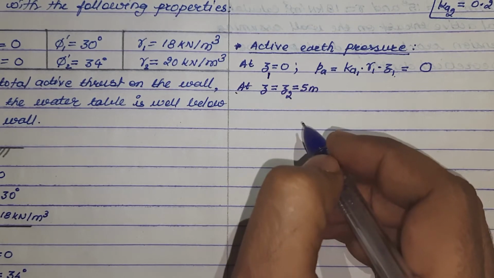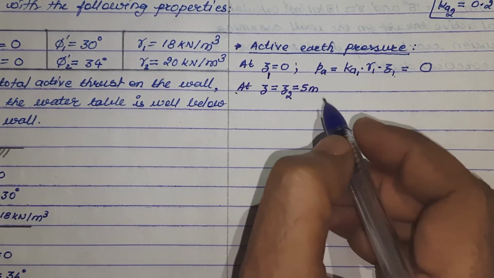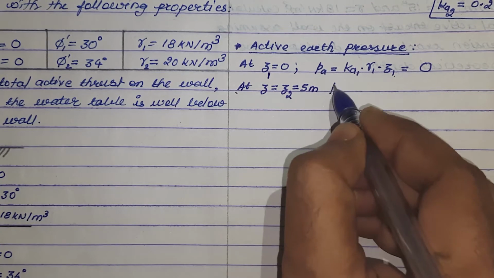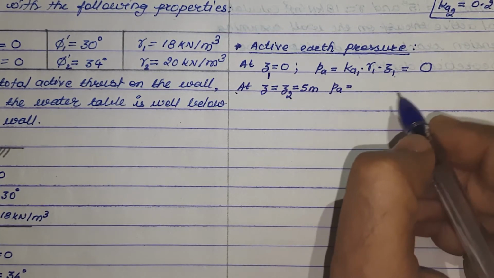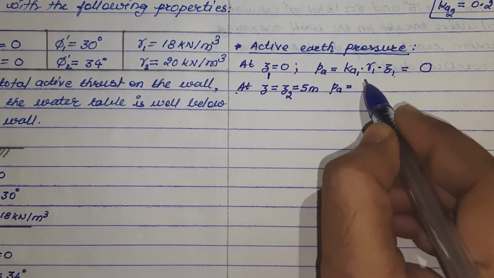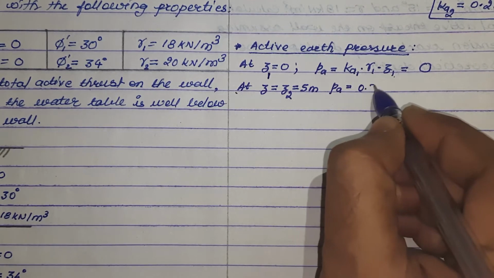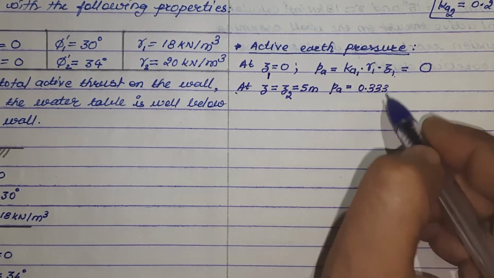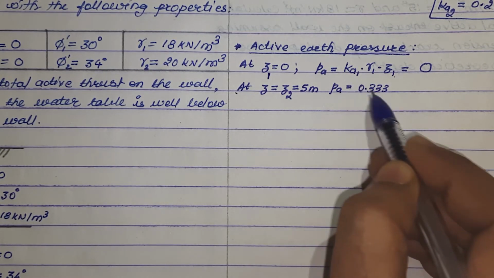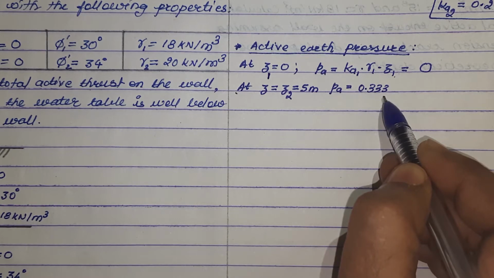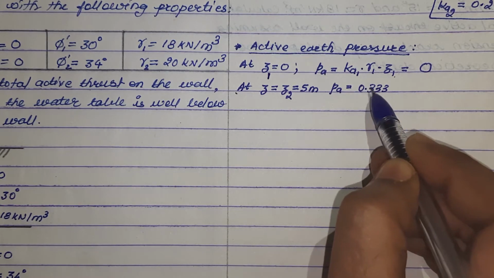That means at 5 meter depth we are calculating the pressure. So PA is equal to, again the formula will remain the same, hence the value of Ka1 is 0.333, because this belongs to the top layer of the soil, hence we are using the coefficient of active earth pressure corresponding to the top soil.